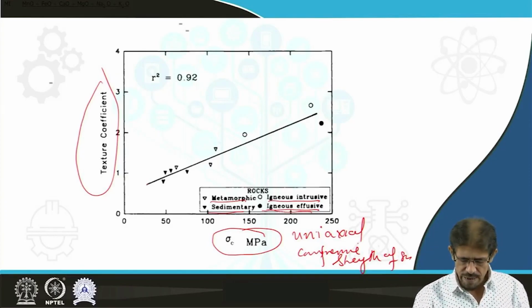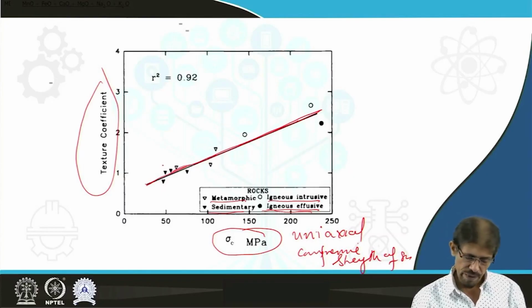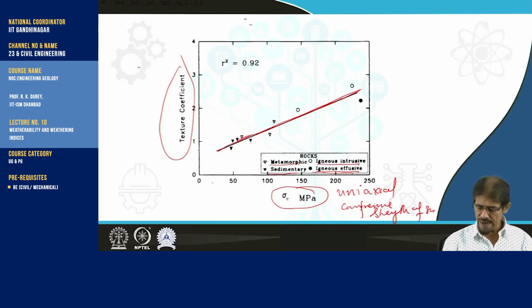Here, on the basis of literature and the proposed concept, tested on a number of rocks, different researchers have proposed this regression line. You can see this regression line indicates that as there is an increment in textural coefficient, there is an increment in compressive strength.